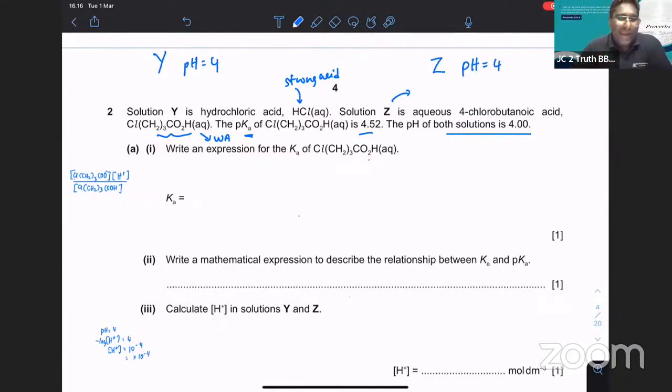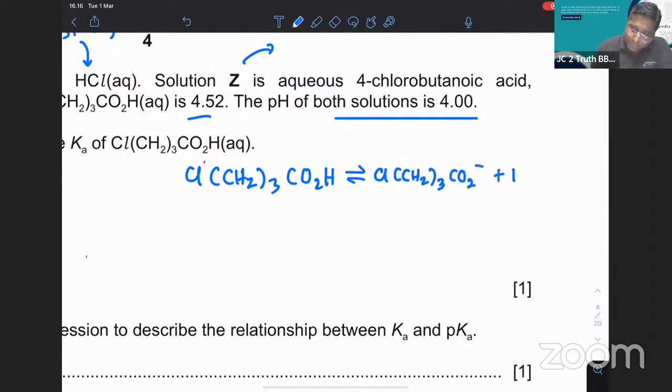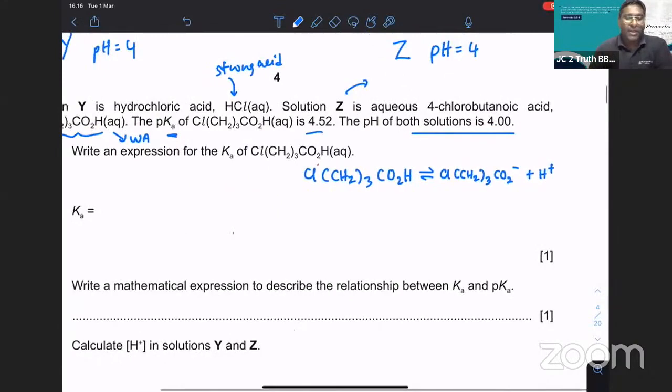Now, write an expression for the Ka value. So if I write down ClCH2CH2CH2CO2H, it's going to partially dissociate to give you ClCH2CH2CH2CO2 minus plus H plus. And when I write down the expression of Ka, it's going to be product divided by reactant. Don't shift the places.